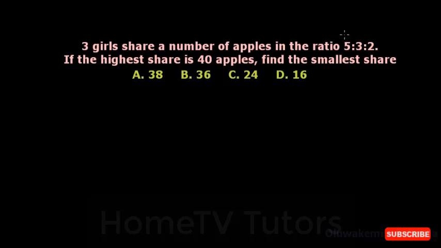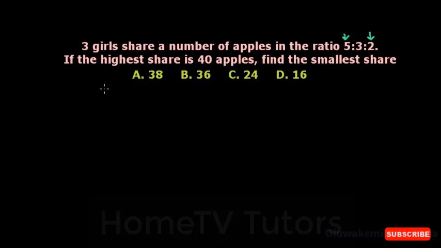The highest share ratio, which is 5, gives us 40 apples, and the smallest share ratio, which is 2, is a little less than half of this ratio, which means we will get a little less than half of 40, which is 20. So it can't be option A, B or C. So definitely it should be option D.